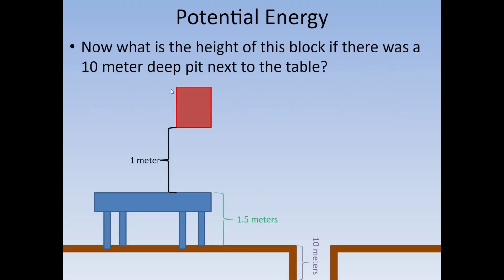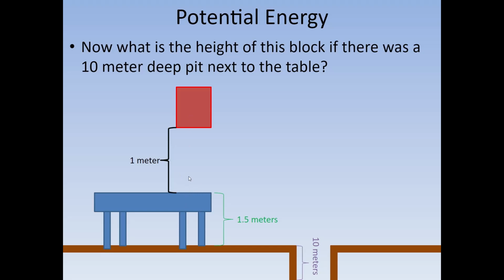Going back here, when we compare this point to this point, we're saying that this point has a specific amount of potential energy greater than this point. So if we say that this has a gravitational potential of 50 joules, what we're really saying is that this object at this point has 50 joules more potential than this point down here.